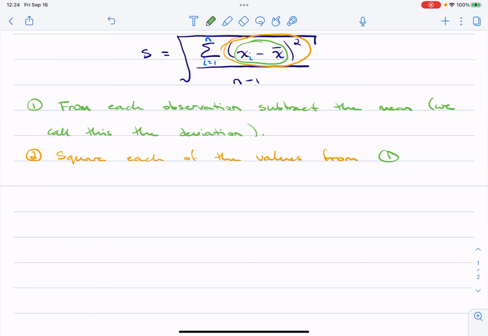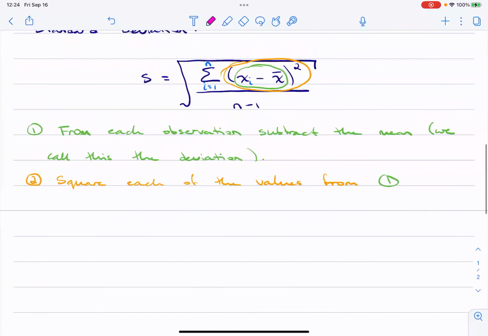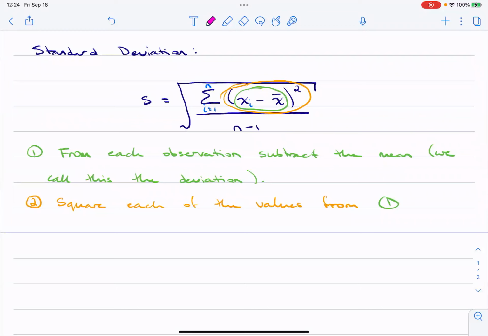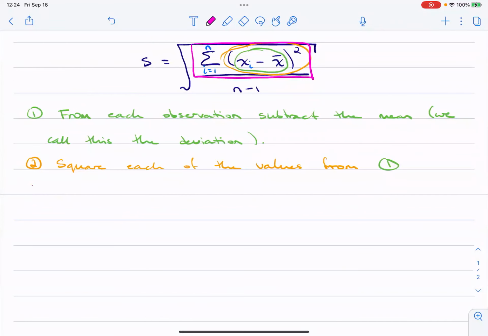All right. So here, next step, we're just building out. We are now going to work on the sum. So now I have a list of values. They're all positive because I've squared them all.